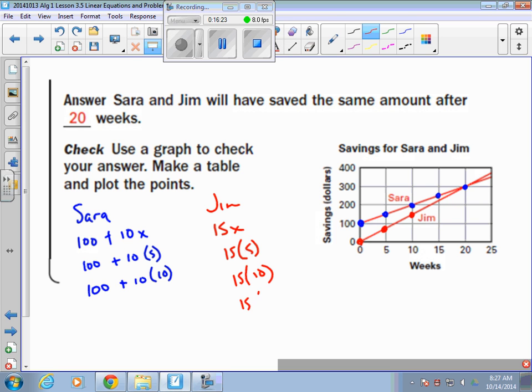At 15 times 15 weeks, it's going to be $225. That's there. And so on and so forth. When you get to 20 weeks, notice it's the same at 20 weeks. 15 times 20 is going to be $300. And that's where they even up. That's when you have a graph, you can check: the point where they intersect is the point where they're equal to each other.